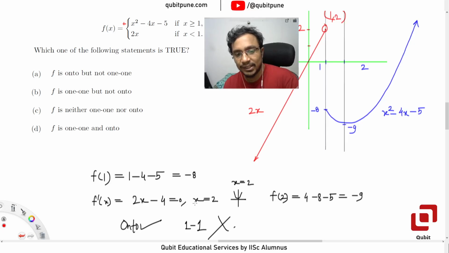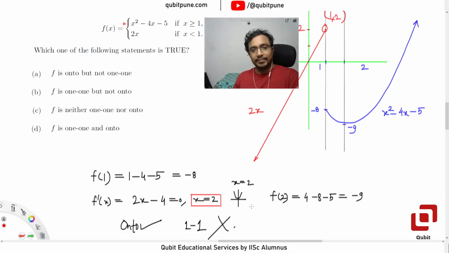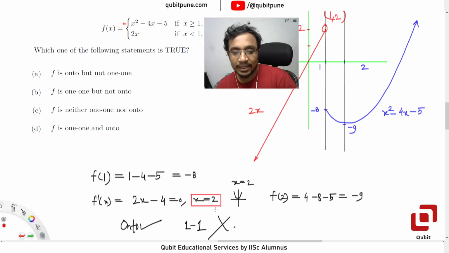I equated it with 0, and that gave me x equal to 2. तो ये x equal to 2 में उसको ऐसे दिखेगा. अगर ये नेगेटिव रहता तो वो ऐसे दिखता था. ठीक है, so that's a standard parabola. तो x equal to 2 का अभी वैल्यू निकालना चाहिए हमें फंक्शन का. तो वो -9 आता है. It's somewhere here. So at 1 the left portion is above. ओके, तो 2 के लिए मिनिमम है, तो -9 को लेके थोड़ा ऊपर हम लोगों को जाना चाहिए.